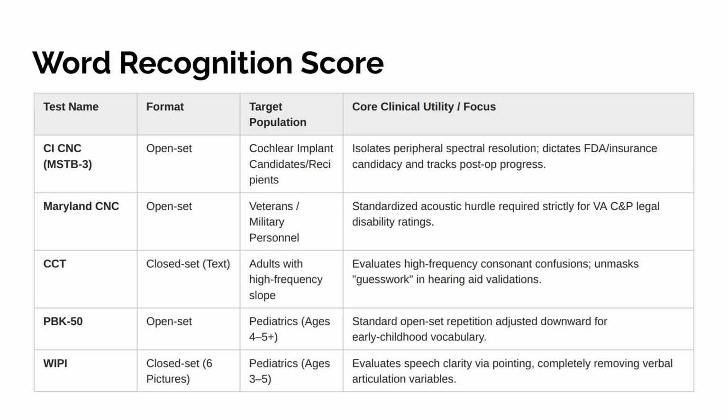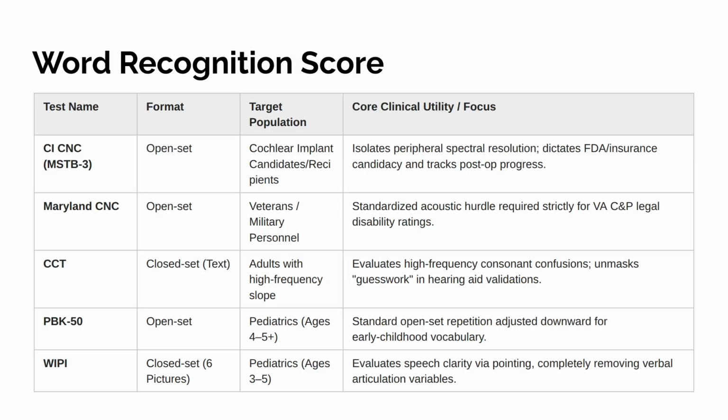The Maryland CNC, also open set. This is mainly exclusively used for veterans' VA compensation pension exams. It's a standardized acoustic hurdle required strictly for VA CMP legal disability ratings.